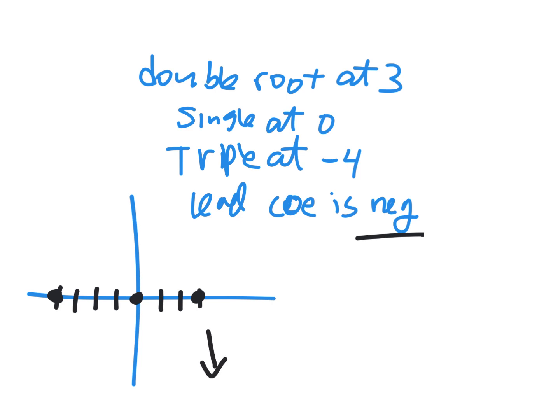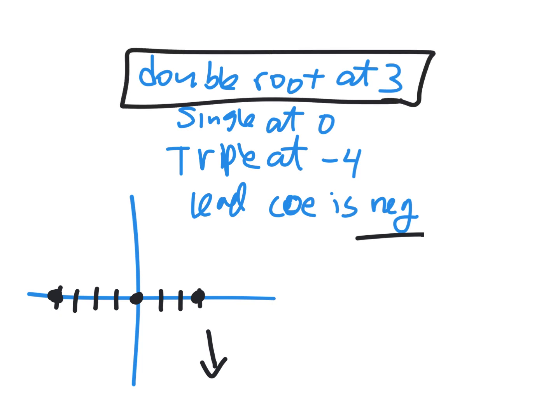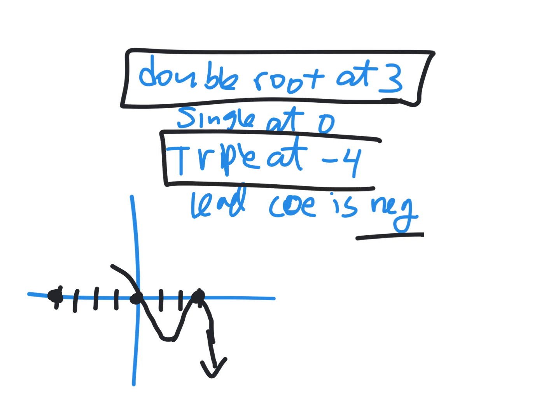All right, so the one that's at 3 is a double root, so then that bounces there. Single root at 0, that means it just passes through there, and it's not an inflection point, otherwise it would have been a triple. A triple at -4 means that I need to make this be like an inflection point.